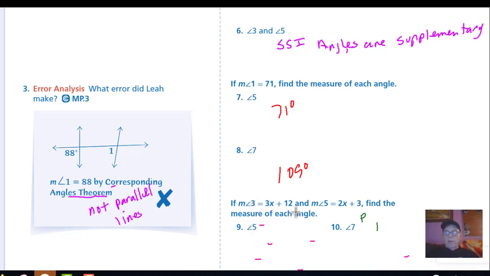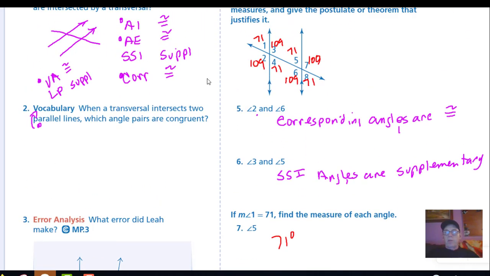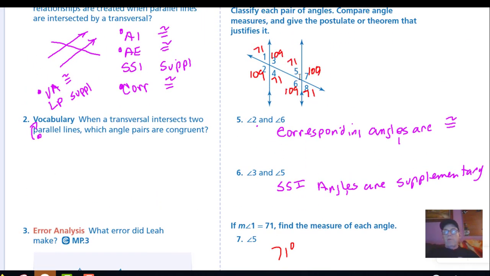Okay, for 9 and 10, if 3 and 5 have these different algebra expressions, let's see how 3 and 5 relate to each other in the diagram. 3 and 5 are same side interior angles, so they're going to have to add up to 180.